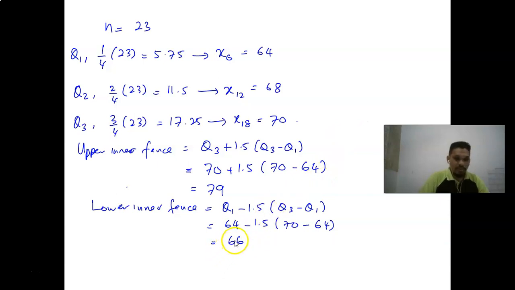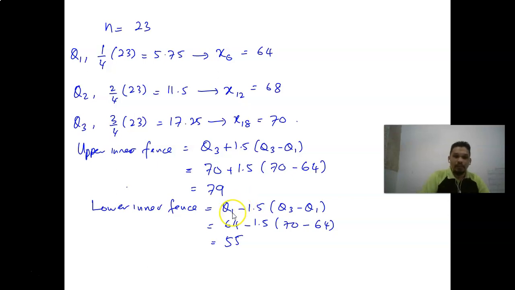No, this is not 66. Sorry. It is not 66, and this is 55. Okay. Because earlier, from the stem and leaf diagram, the minimum is 51.